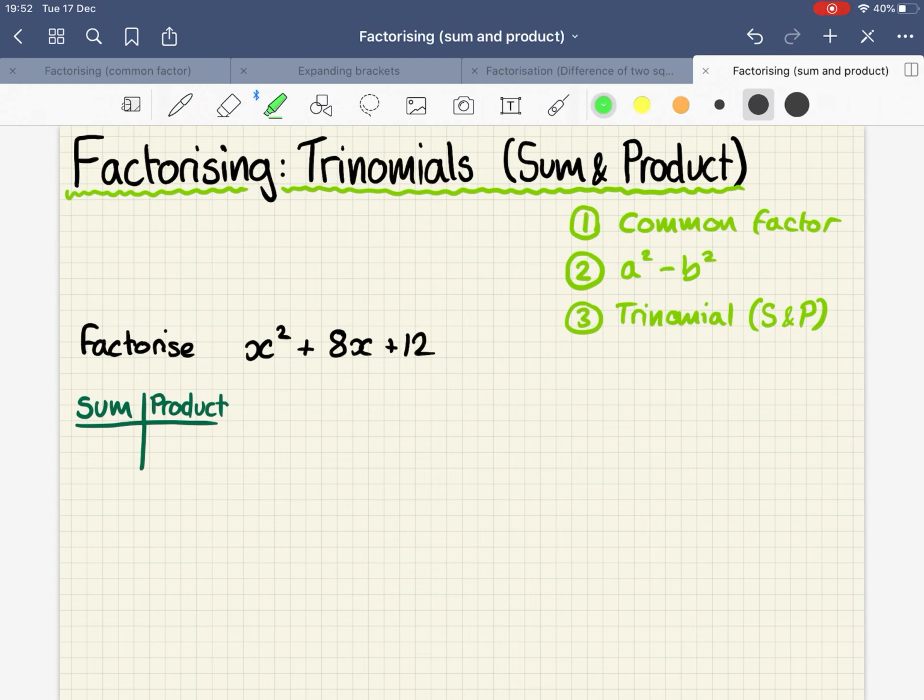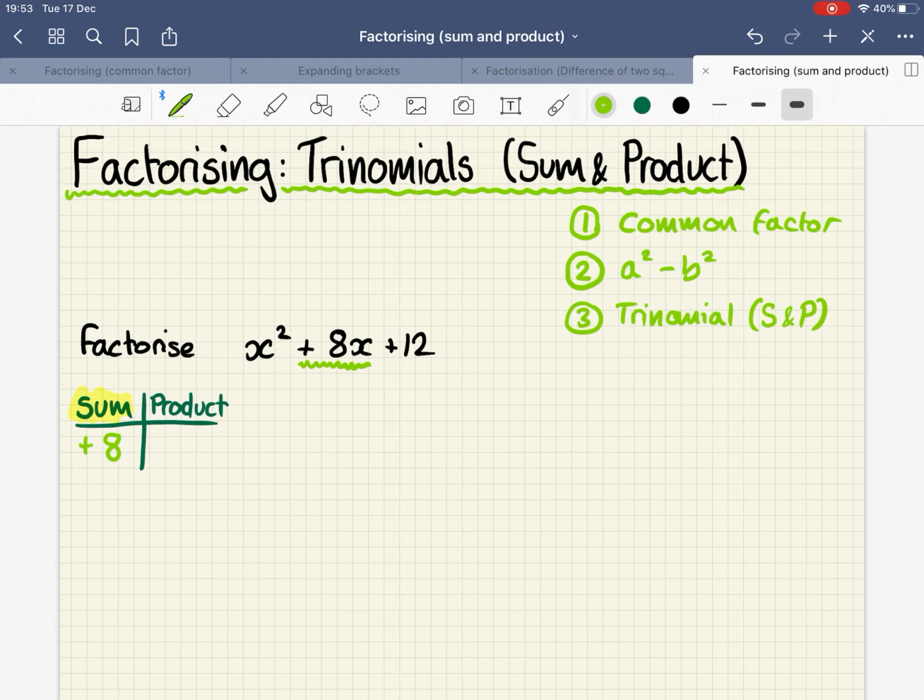So the first one I'm going to look at is my sum. The sum is the number in the middle. So the sum is my plus 8. And it is important that I acknowledge that is a positive, especially when we are coming to negatives.